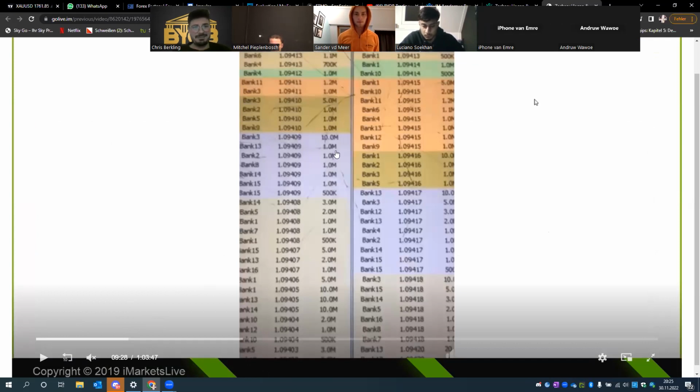This is at what price points certain banks come in and what lot size they use. We think we're crazy when we use a 10 lot size on a trade. Look at this. They even throw money in the taking of the stop loss. So they trade against their own direction just to trigger stop losses, and they make money off that. But they still throw a few million in there.